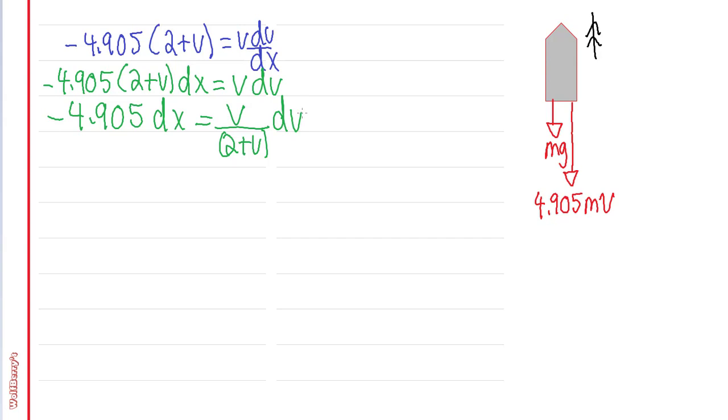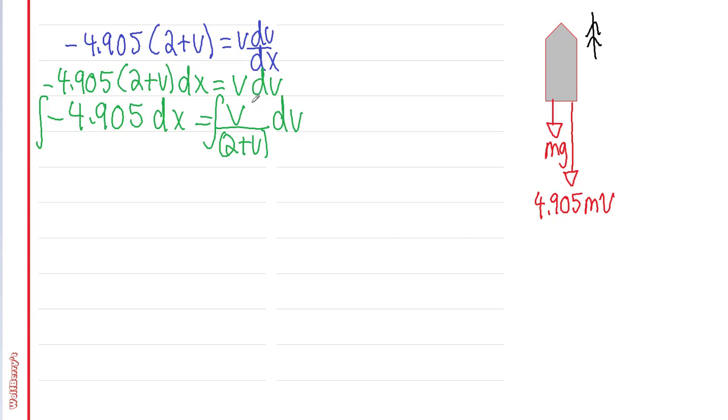Now we have all the v's on one side, and x on the other side with a constant. The next step is to integrate both sides with respect to their individual variables. But we have a problem here. This kind of fraction is a special fraction in maths.